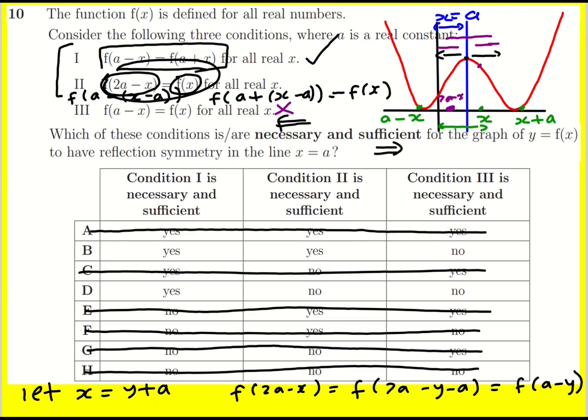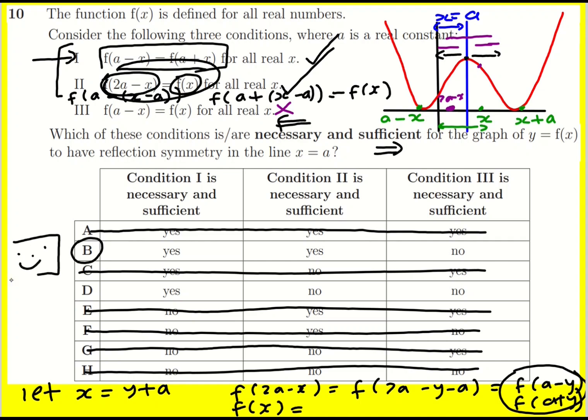And then f of x would become f of a plus y. So it's actually the same condition as the first one, really. I've just now done a substitution to show it. So 2 is true as well, which means our answer is going to be B. Quite tricky, but well done.